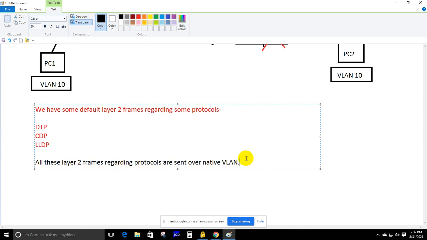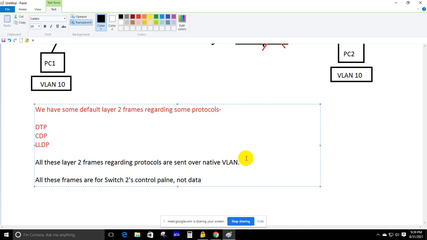Why? Because all these frames are for switch 2's control plane, not the data plane.